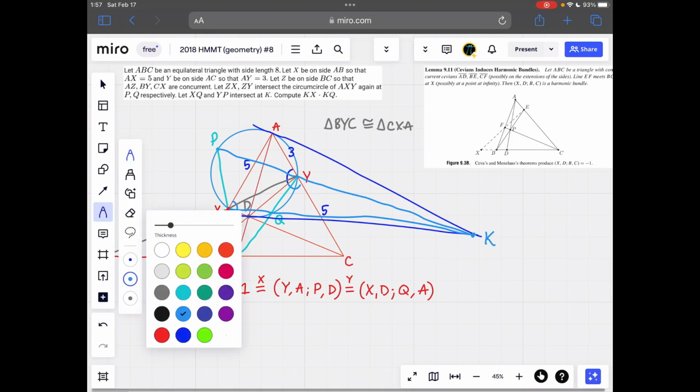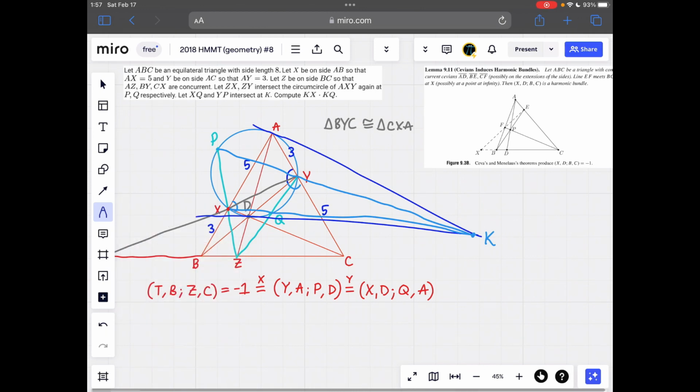So for example, the other 2 points I'm talking about here would be the intersection of the tangents to AXY at X and Y, and the tangents to AXY at P and Q. Those 4 points, the 2 points I just mentioned, in addition to points Z and K, all lie on the same line by Pascal's theorem.